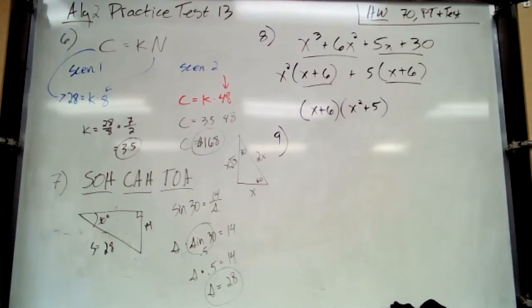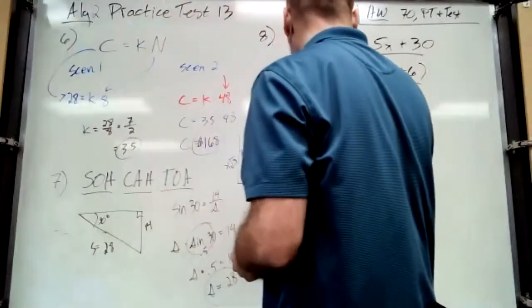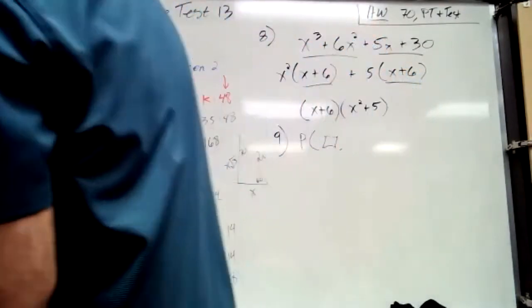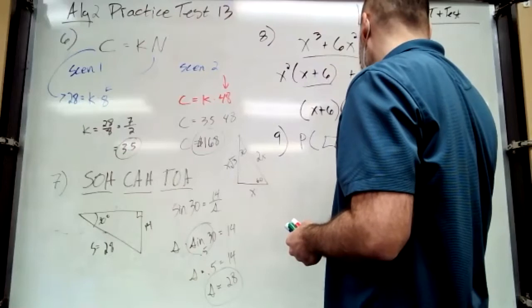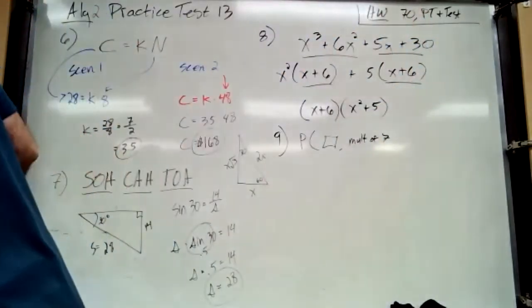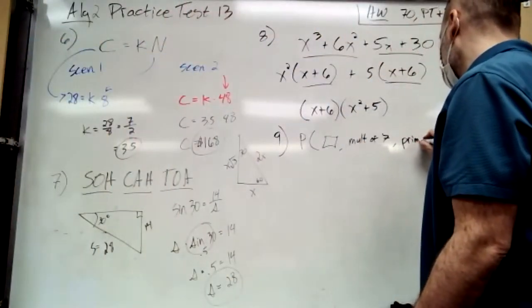How many outcomes are in the event: choose a perfect square or multiple of 7, or a prime number?